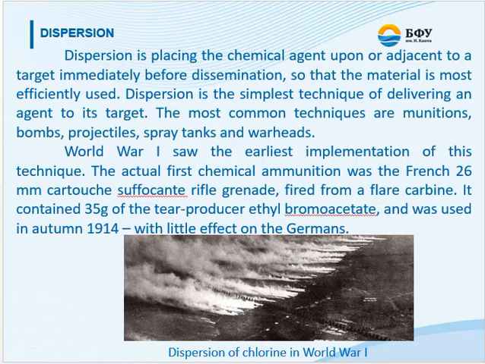It contained 35 grams of the tear-producing ethyl bromoacetate and was used in autumn 1914 with little effect on the Germans. And the dispersion of chlorine in World War I.